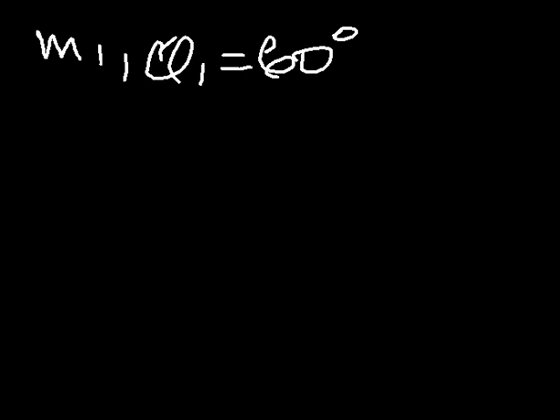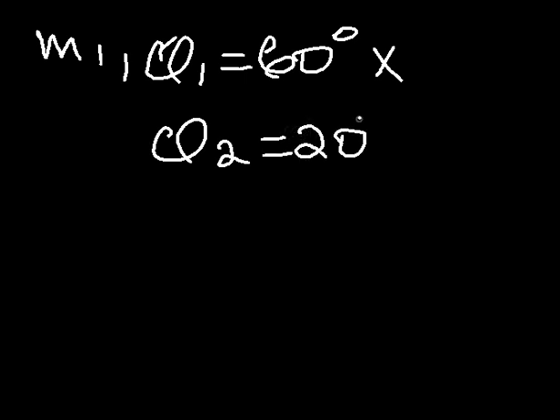Now let's say we have the object of mass 1, and before they collide, it is moving at angle theta 1, which is, let's say, 60 degrees with respect to the x. And let's say after they collide, it is moving at an angle theta 2, let's say equal to 20 degrees with respect to the y-axis.